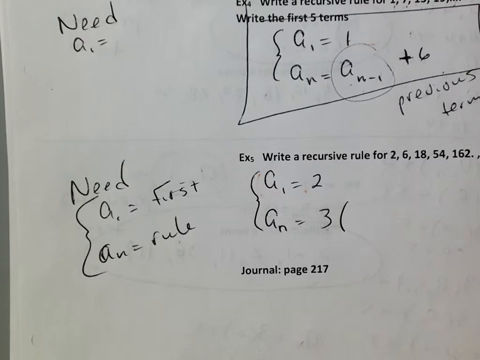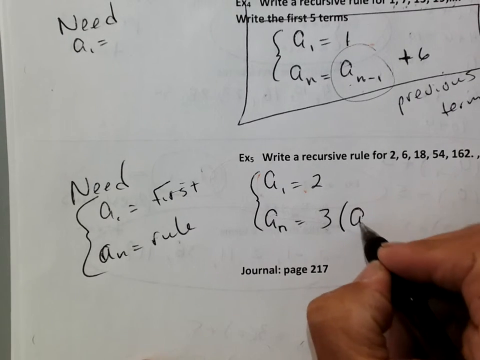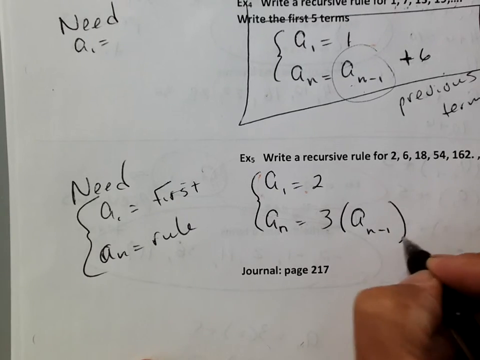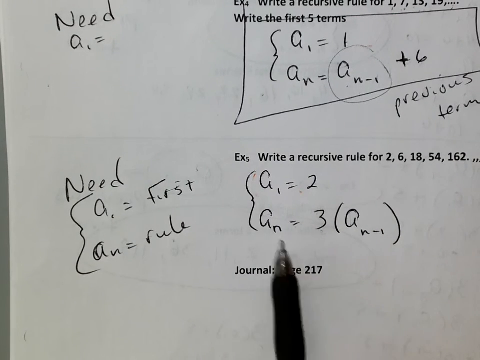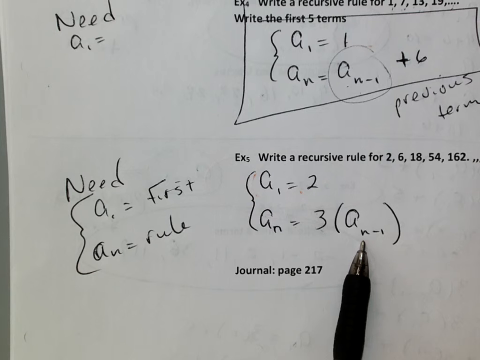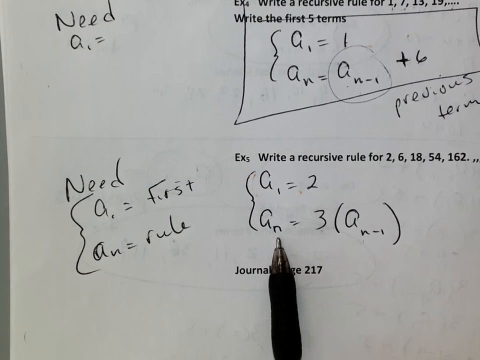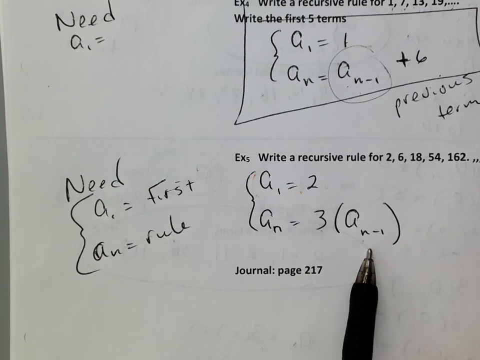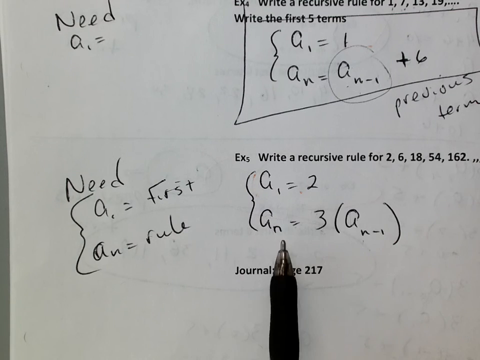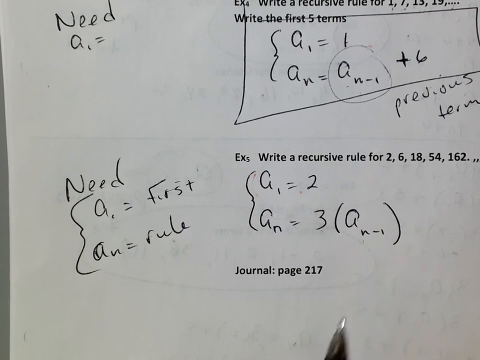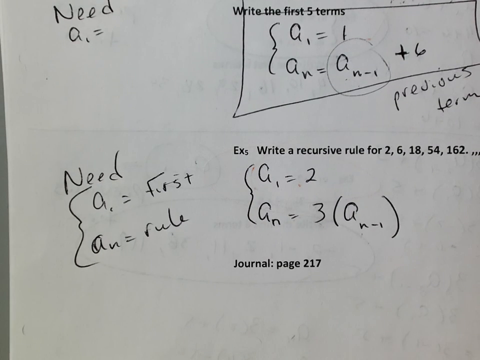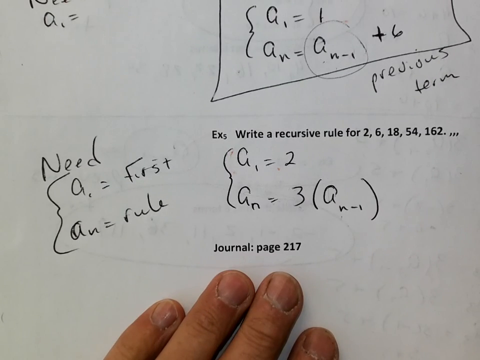So the previous term is A to the n minus 1. Because if I want to make the 5th term, I take the 4th term. If I want to make the 10th term, I take the 9th term. You see how this works? If I want to make the 20th term, I take the 19th term, multiply by 3, okay? All right. How does that look? Okay, now real quick, let's look at page 217, okay?